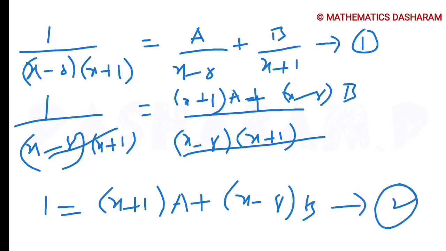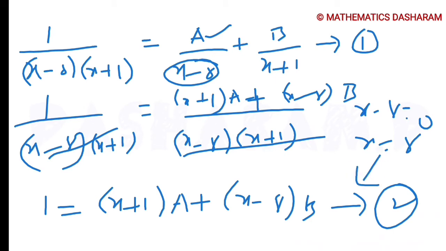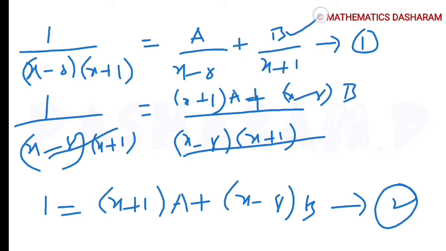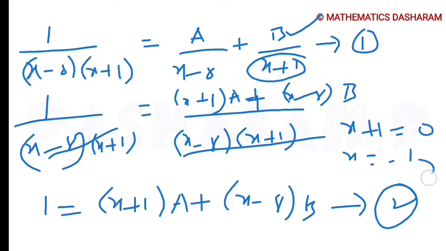So equation 2. To get the a value, the denominator is x minus 8. So x minus 8 equals 0, then x equals 8. Substitute in equation 2, then you will get the a value. Next, to get the b value, its denominator is x plus 1. X plus 1 equals 0, then x equals minus 1. Substitute x equals minus 1 in equation 2, then you will get the b value.